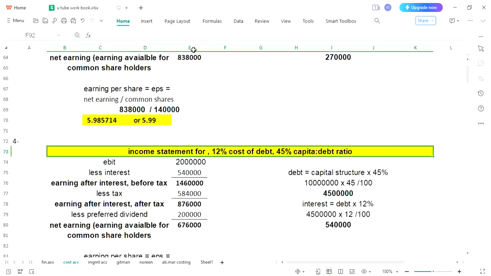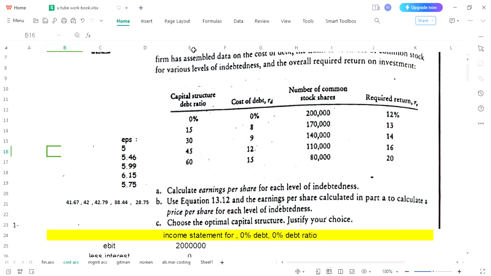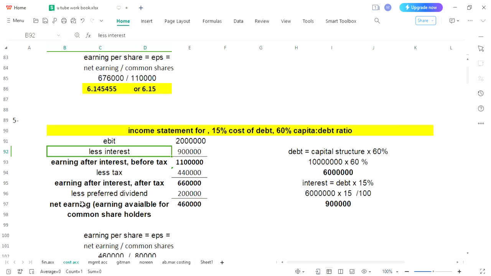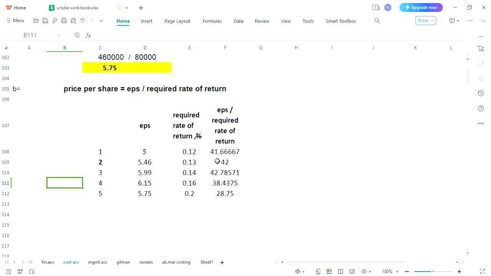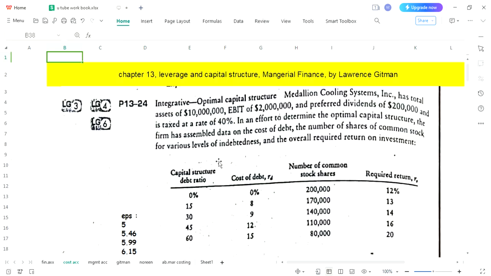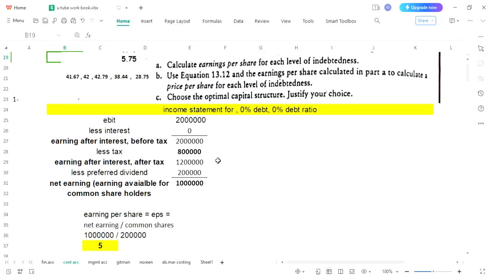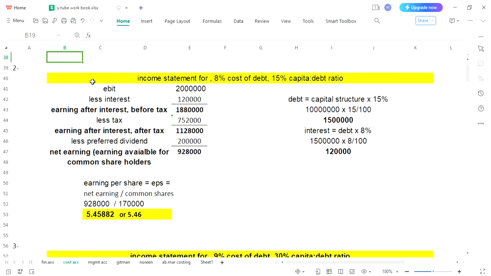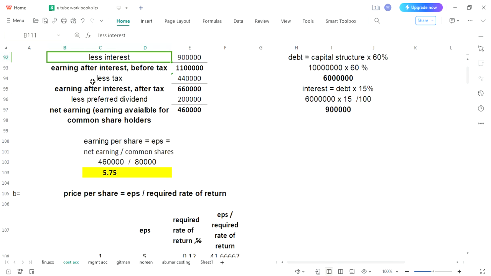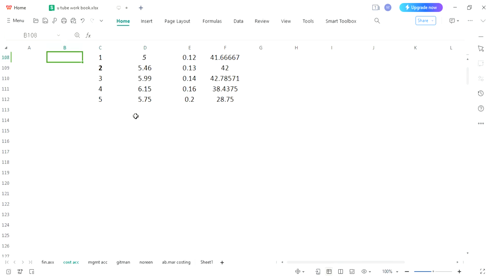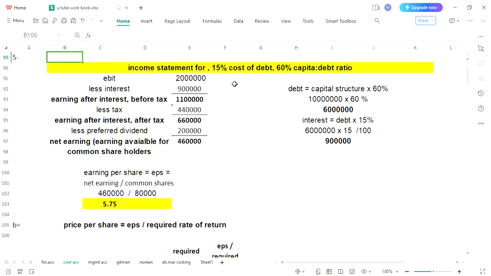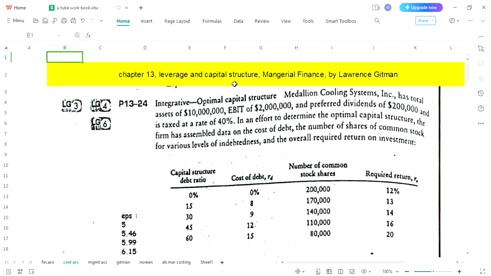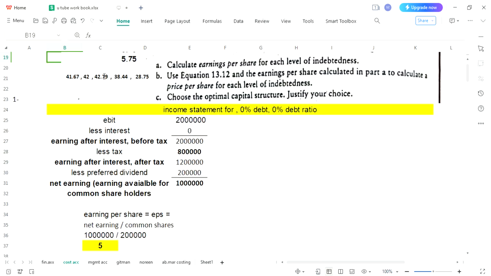Let's get back to the question and check the answers. First is 41.67. Okay, and the second answer is 42, and I think we have calculated 42 as well. The third answer is 42.78, and ours is 42.79.